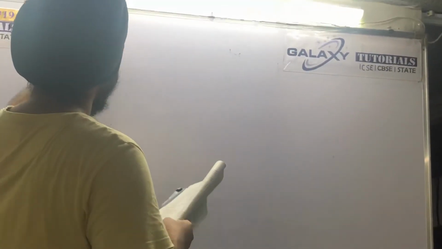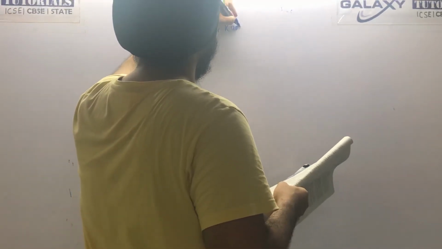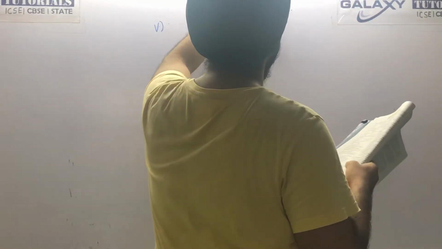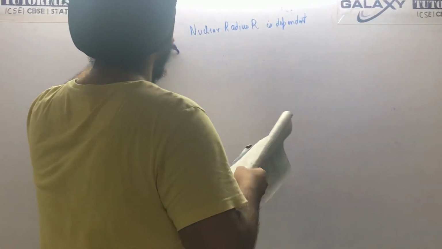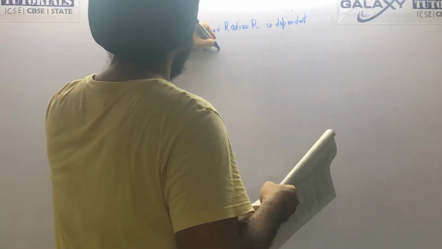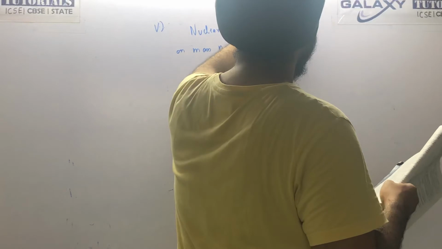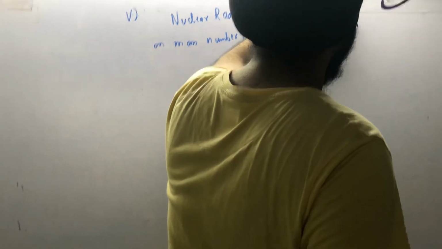Okay, there is another order question here. Okay, let us see that. So this is: nuclear radius R is dependent on mass number A as R is equal to 1.3 into 10 raised to the power minus 16 A raised to the power 1 by 3.